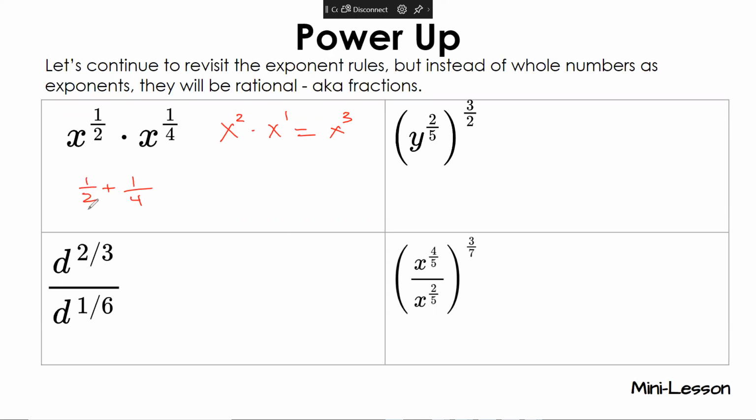What are multiples of 2 that are also multiples of 4? Not factors, multiples, right? 4. So what can I multiply this 1/2 by to get 4 in the denominator? 2. So I can multiply by 2 in the top and 2 in the bottom.